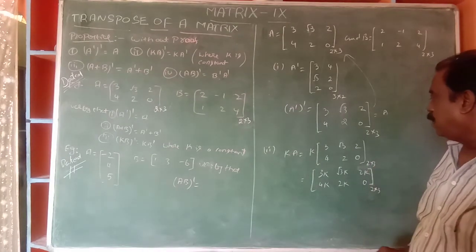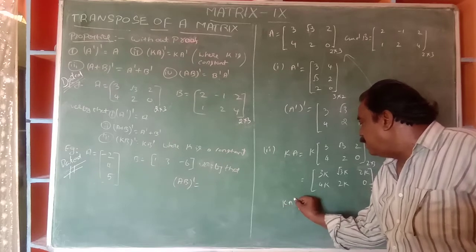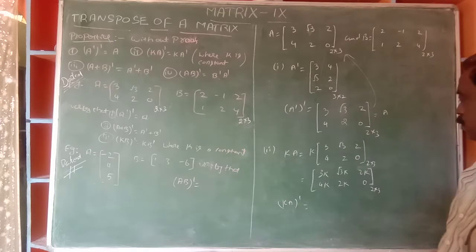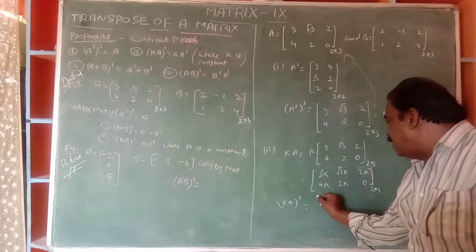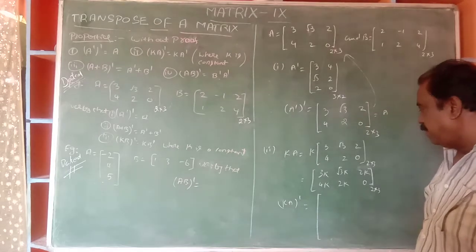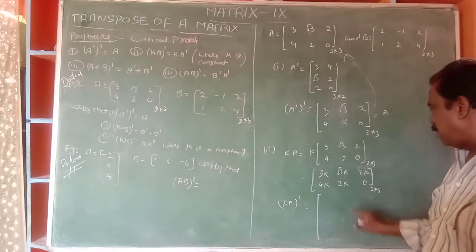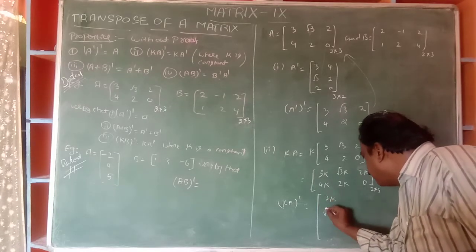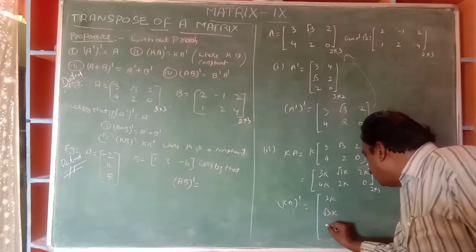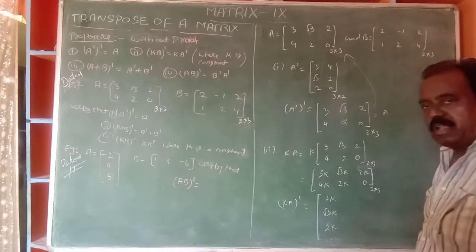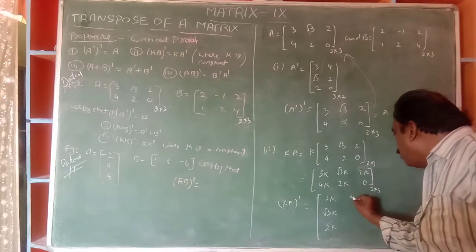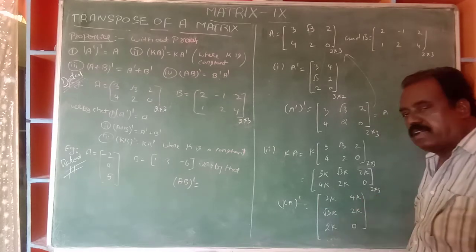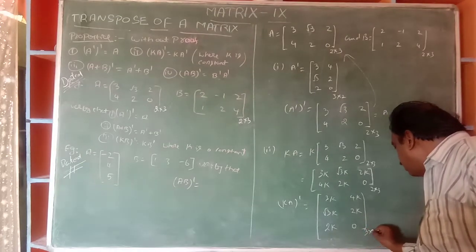Now we take the transpose, (kA) whole dash. By definition, if we want the transpose of a given matrix, the first row becomes the first column and the second row becomes the second column. Here it is a 3 by 2 matrix.